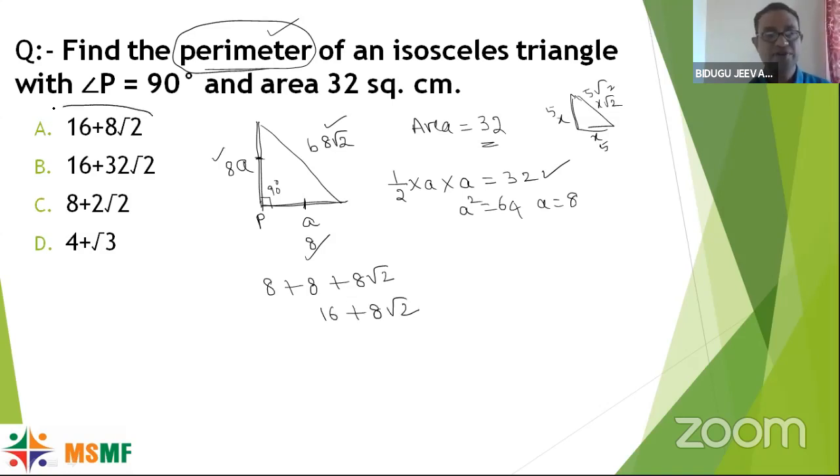Your answer is A. Simple question. If you find the individual sides, simply adding everything gives the perimeter.